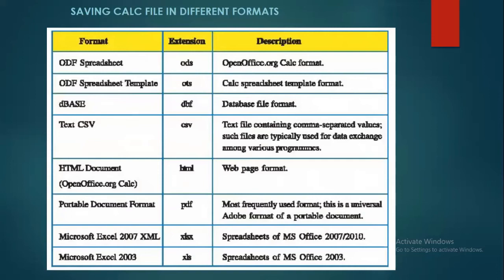Then portable document format, that is PDF. This kind of file we generate when we want to open it in Adobe Acrobat Reader, and that file cannot be edited easily by the person who is getting that file. So we can also save it in PDF format.